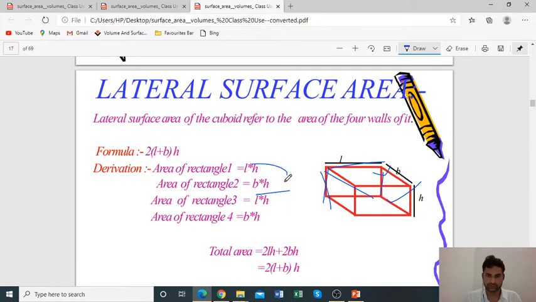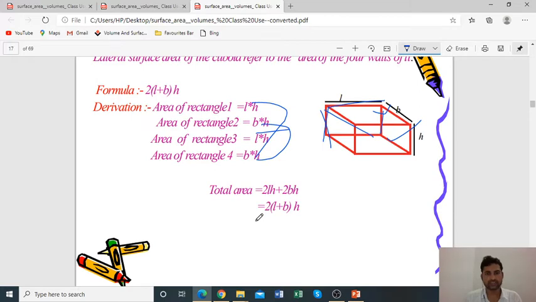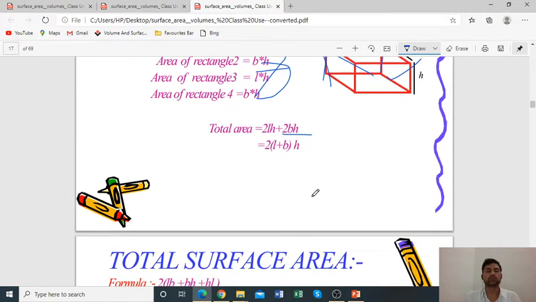So that is 2 times length times height and 2 times breadth times height. So the lateral surface area of a cuboid is 2 length times height plus 2 breadth times height, that is, 2 times (length plus breadth) times height.